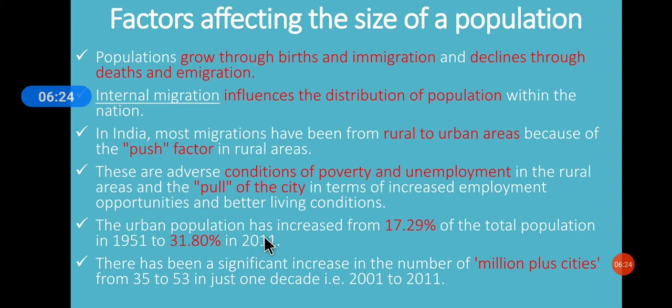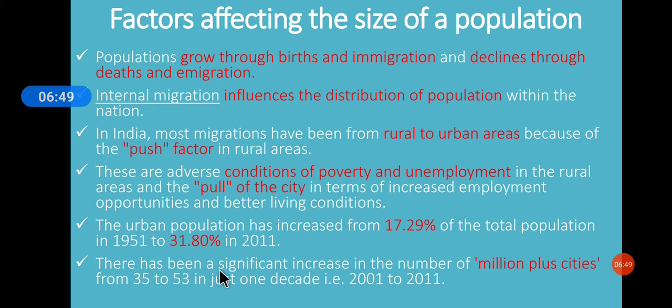The urban population has increased from 17.29% of the total population in 1951 to 31.80% in 2011. So, because of this push and pull factor, the urban population has been increasing.